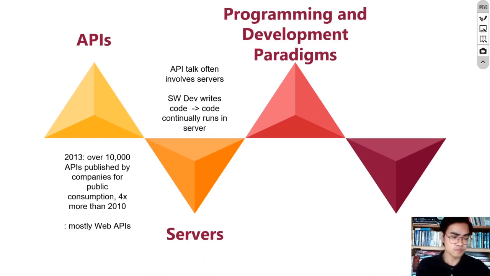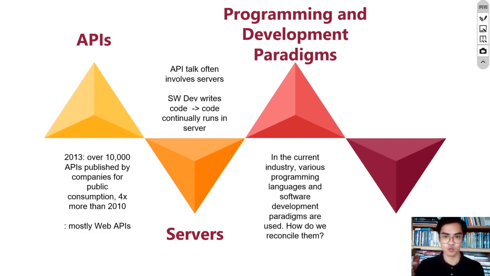So here we also consider programming and development paradigms because like you probably know already, in the current industry there are many programming languages, there are many software development methodologies used, and sometimes one system is written in another language or developed a certain way, and you want to integrate that with another system or another functionality that you want.